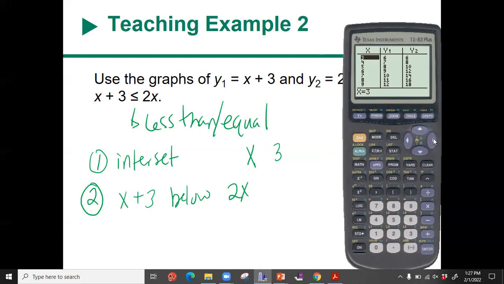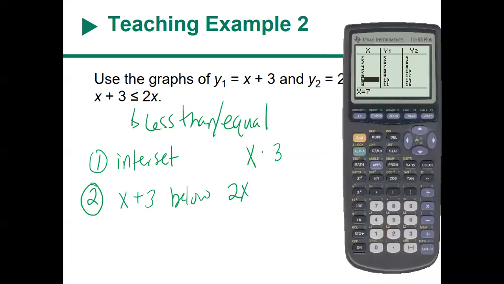At 3, they're equal, right? So either it's going to go to the left or to the right. When I go less than 3, y2 is less. When I go greater than 3, that's when it's true. So my answer is when x is greater than or equal to 3.